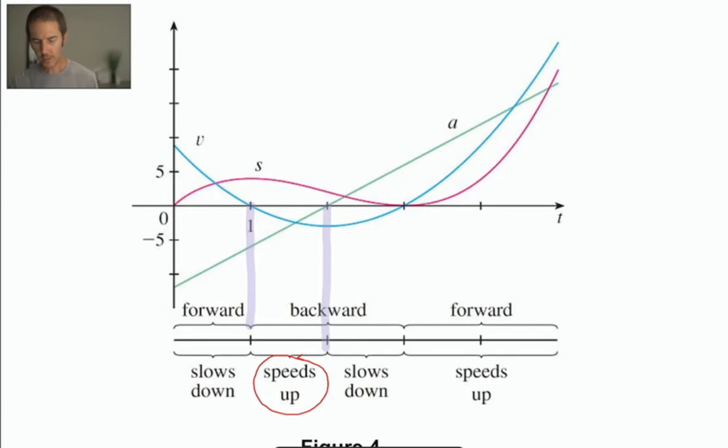So you can see that the green line, which is the only line here, the green line is below the t-axis. So acceleration is negative on that green line. And the blue curve, which represents velocity, is also below the t-axis between a t-value of 1 and a t-value of 2.